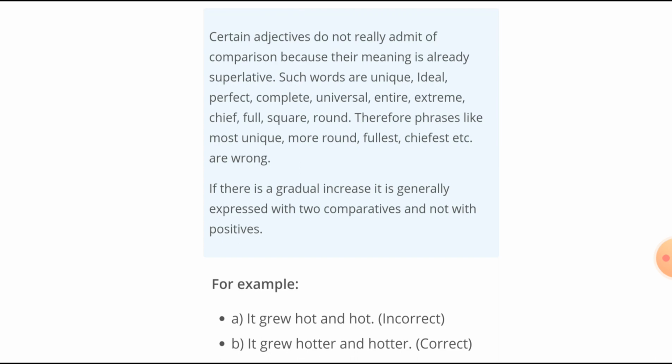Therefore, phrases like most unique, most round, fullest, chiefest, etc. are wrong. If there is a gradual increase, it is generally expressed with two comparatives and not with positive. For example, it grew hot and hot. Incorrect. It grew hotter and hotter. Correct.